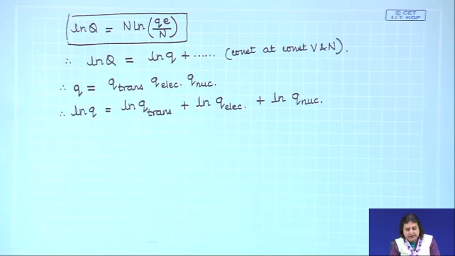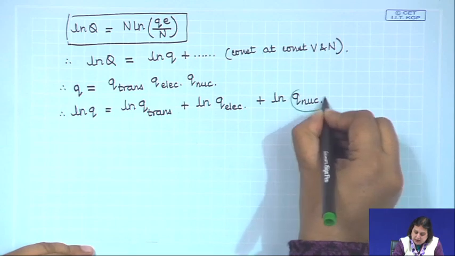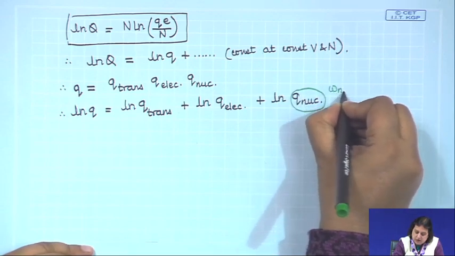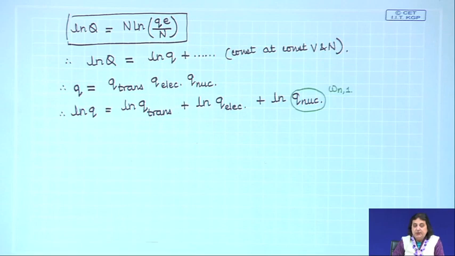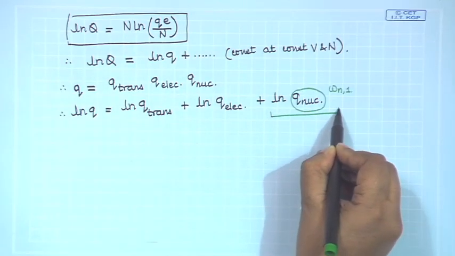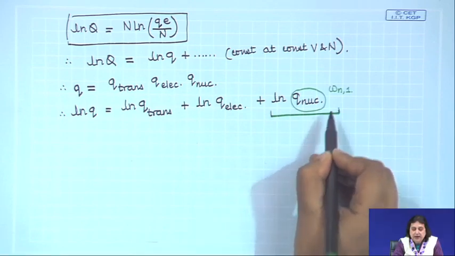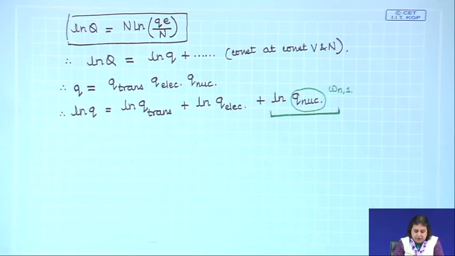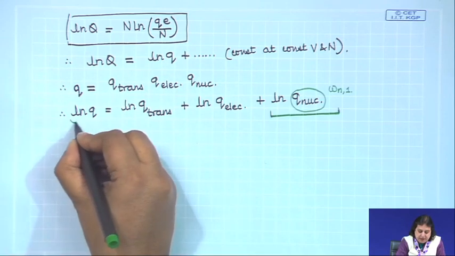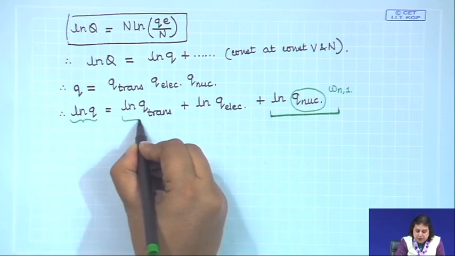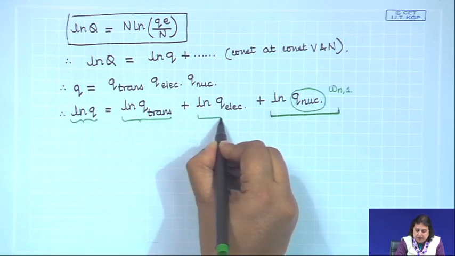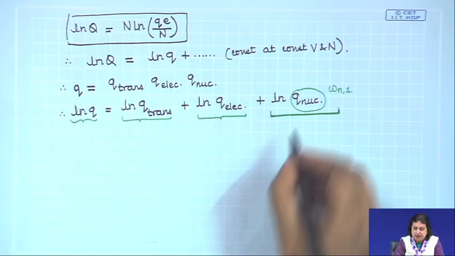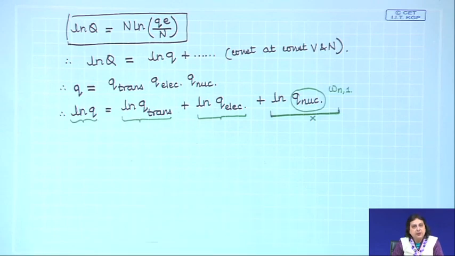I already know that q nuclear is nothing but the degeneracy of the ground nuclear energy state, which is a constant for a given system. Therefore, if I keep the volume and the number of particles constant, this term is not going to have any dependence on temperature. So, if I am looking at the temperature dependence, I should be bothered about the temperature dependence of these two quantities, and I can safely neglect this part.